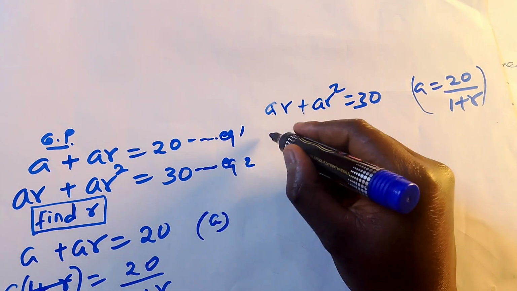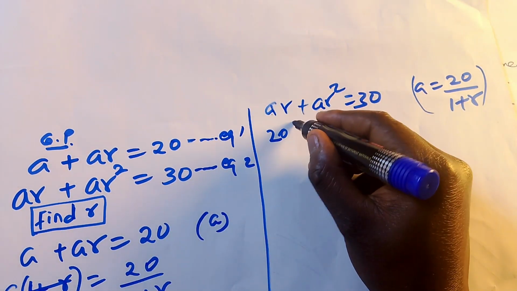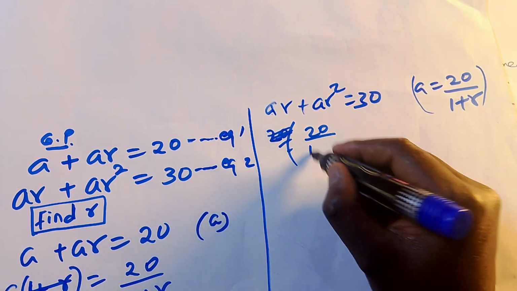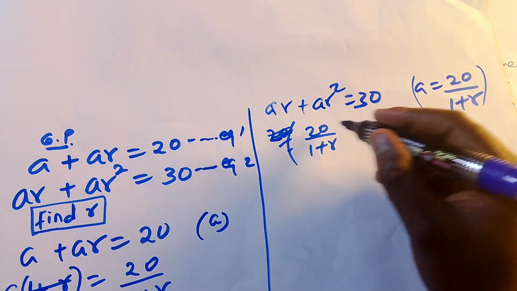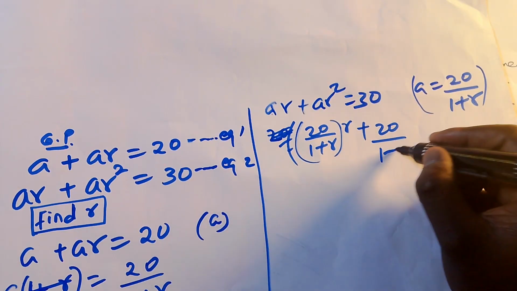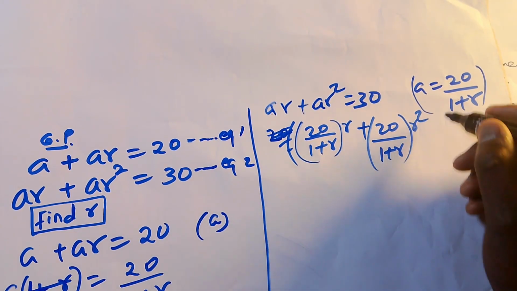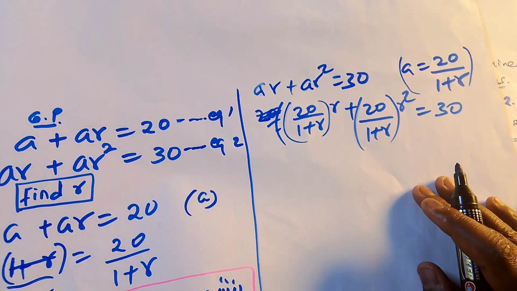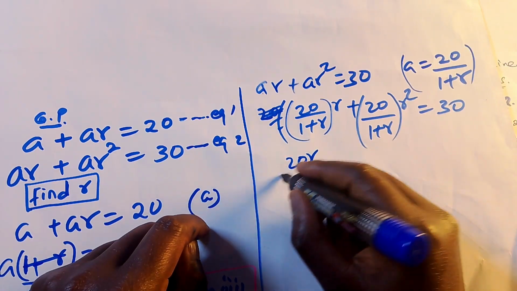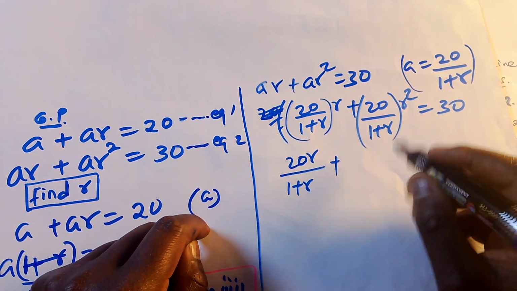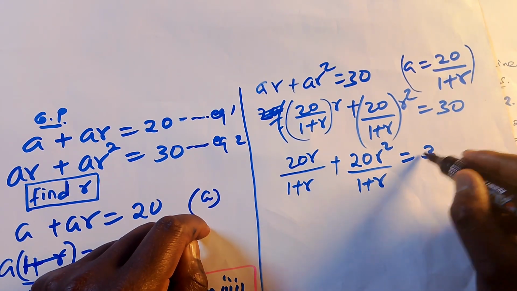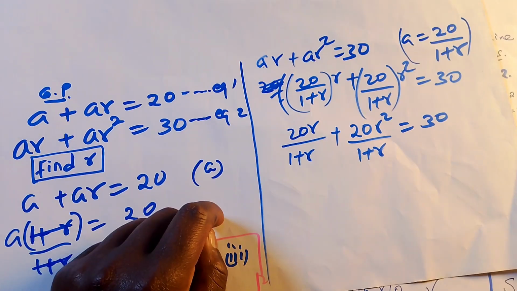Yes, 20 over 1 plus R is A, and we multiply it by R, plus 20 over 1 plus R multiplied by R squared is equal to 30. Multiplying, we get 20R over 1 plus R plus 20R squared over 1 plus R is equal to 30.